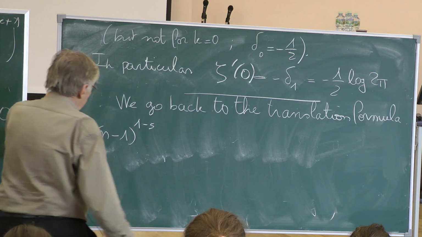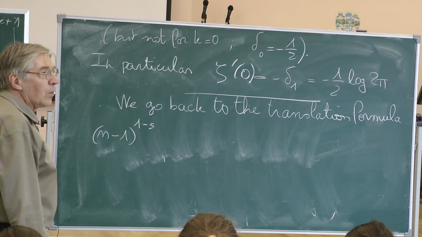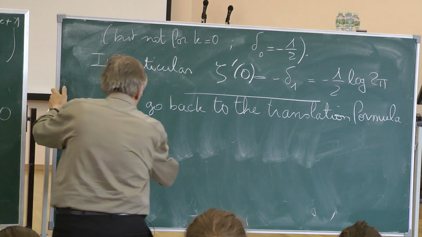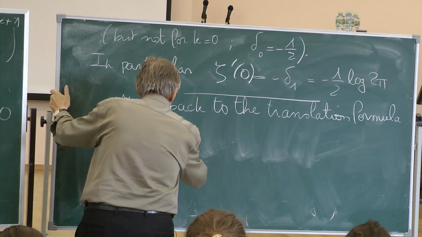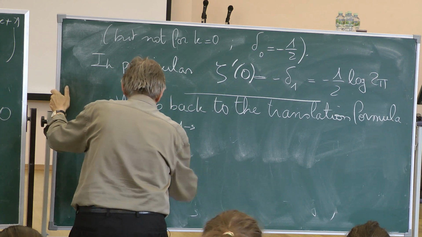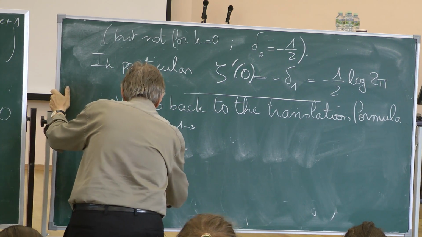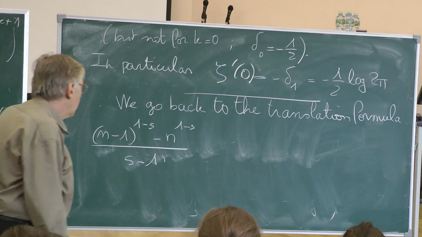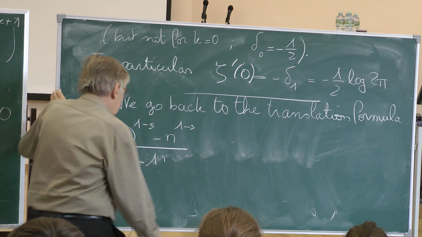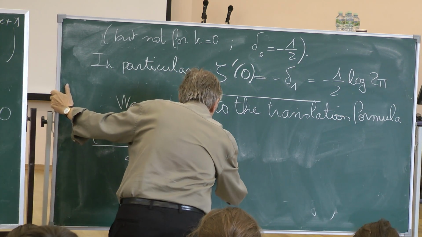If you compute n minus 1 to the power 1 minus s minus n to the power 1 minus s, divided by s minus 1. Previously I had written an s minus 1 on the other side. This is the same as n to the minus s.